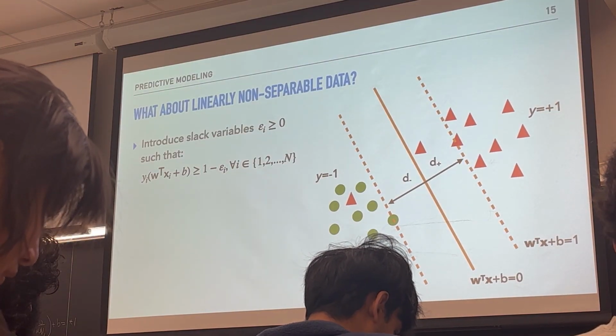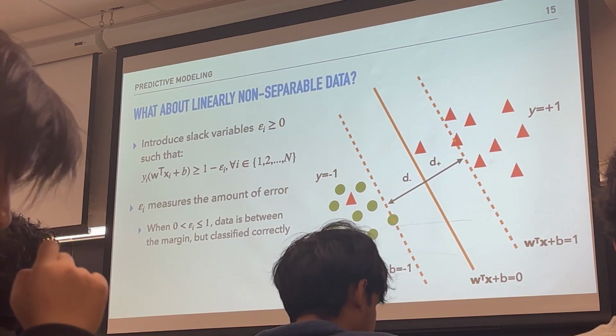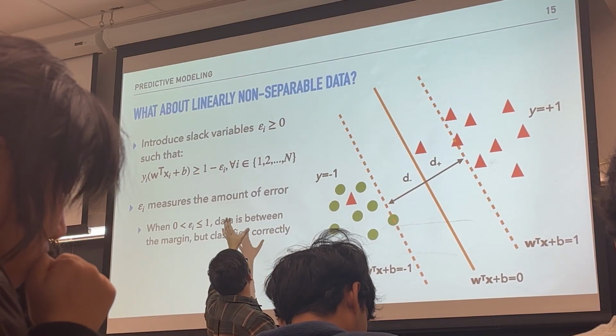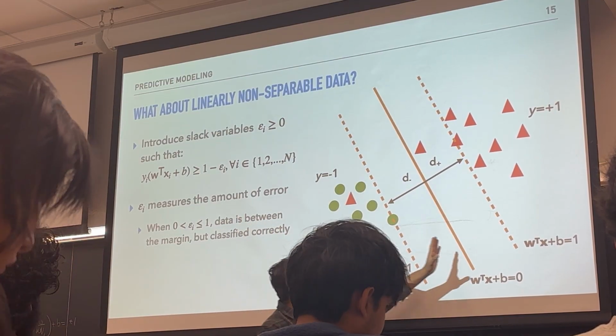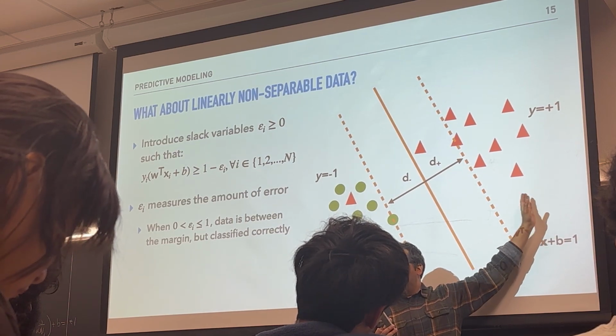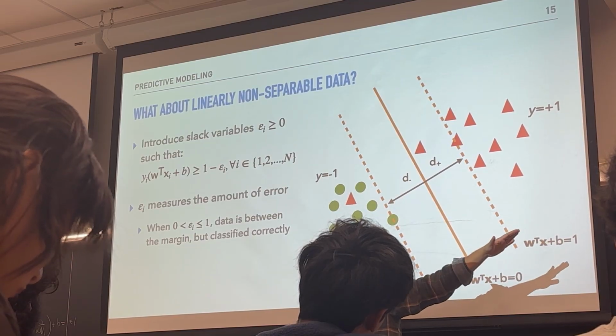Then when we write down the optimization problem, this will measure the error. If it is exactly 0, it means there's no slack. It's correctly classified on the correct side of the plane.